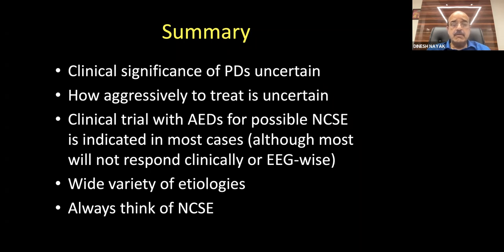Please ensure that you keep doing the EEG continuously, or at least very frequently, because they can slip into non-convulsive seizures and non-convulsive status epilepticus at any time without you knowing at all, because the patient is unresponsive.